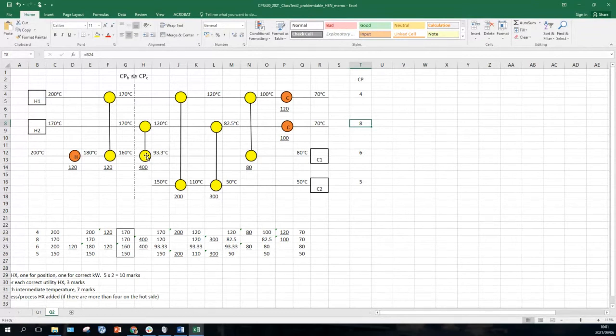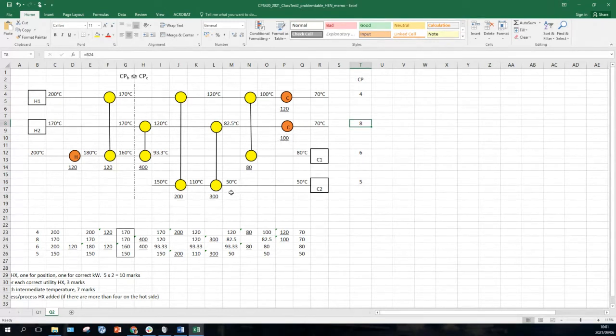Okay, now we can go and work out how much energy is required for this cold stream to heat up from 80 degrees to 160. And that's 480 kilowatts. So we would write 480 there because this one is a lot more than 480.